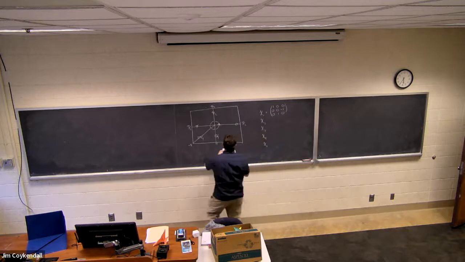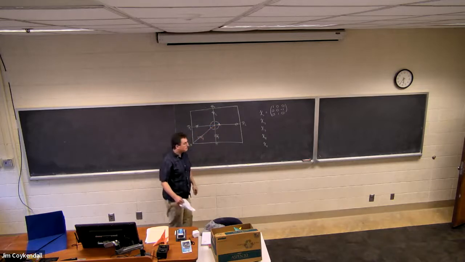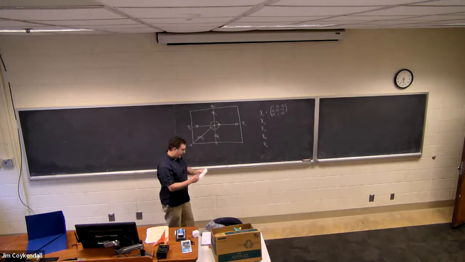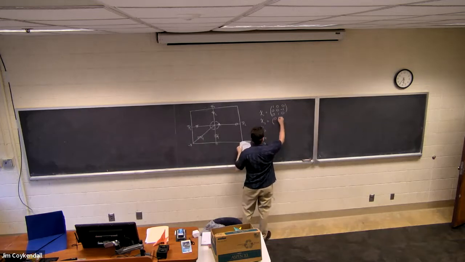And that's the transformation that corresponds to taking this piece of paper and rotating it out of the plane by pi over 2. Okay. So that matrix represents this transformation. And I checked this today, so everything should be good.